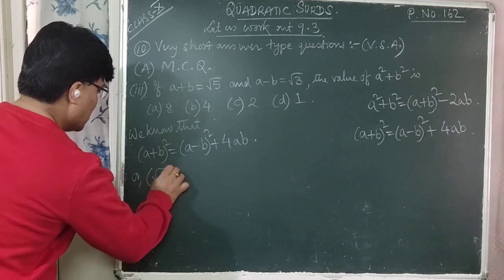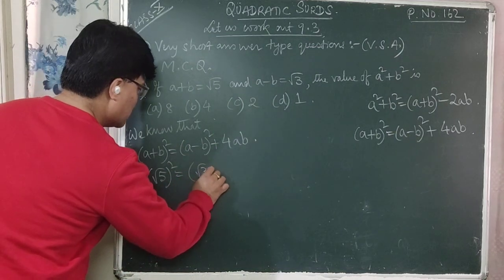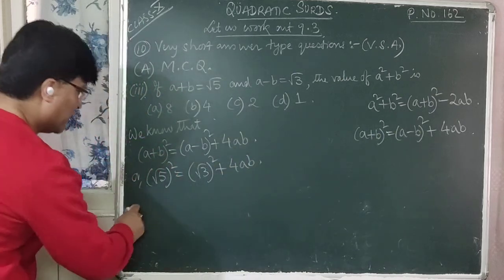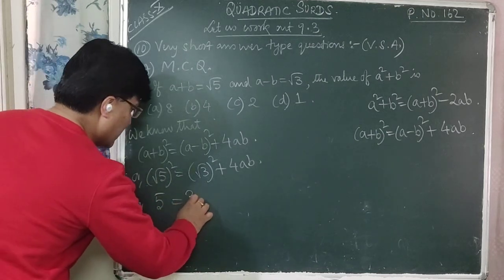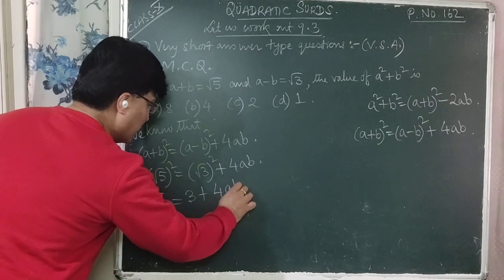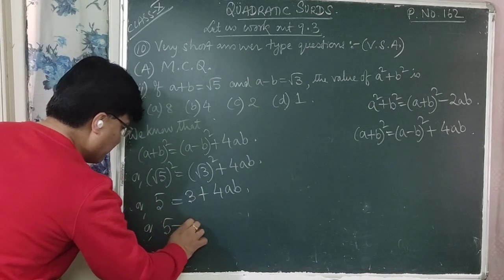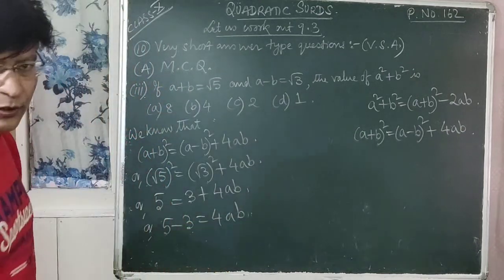It is root 5 whole square, is equal to, what is a minus b? It is root 3 whole square plus 4ab. Let us simplify it. What is root 5 whole square? You know that it is 5. What is root 3 whole square? 3 plus 4ab. So 3 is taken to the left hand side, so it becomes 5 minus 3 is equal to 4ab. Is that clear to all of you?